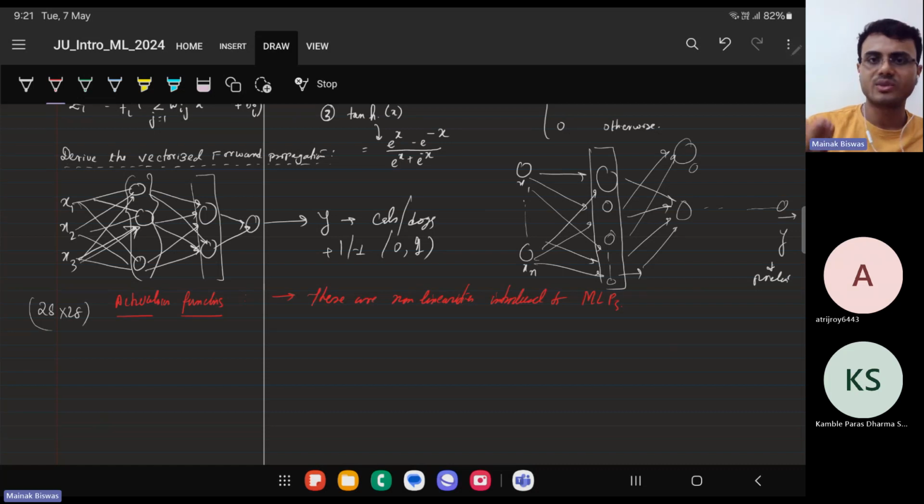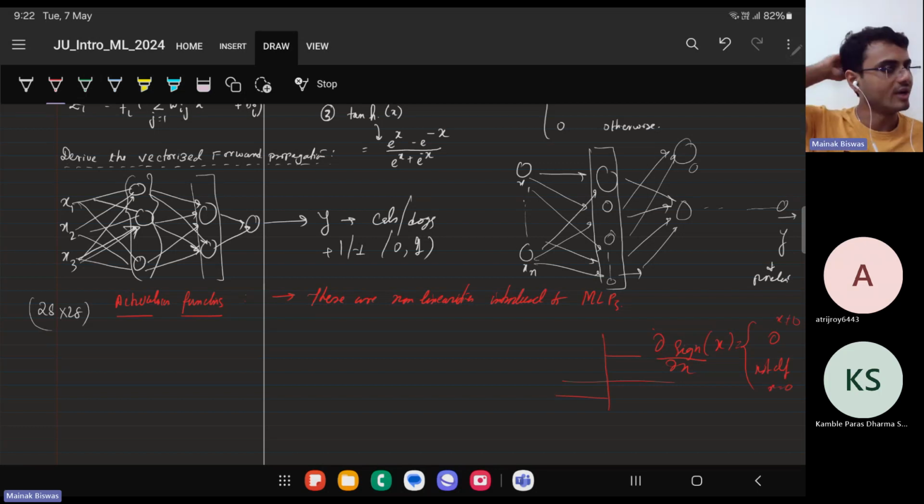You can take a function like sign as an activation function, but see what you will get as the derivative. What will you get as the derivative of the sign activation function? The derivative of sign of x is equal to 0 if x is not equal to 0, and not defined if x equals 0.